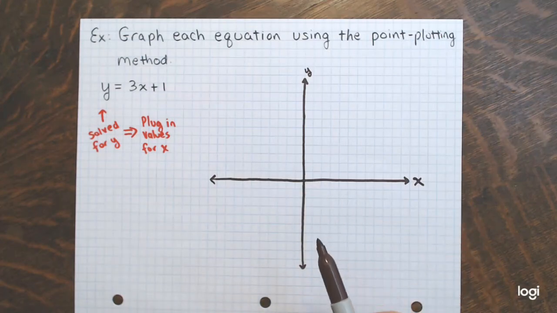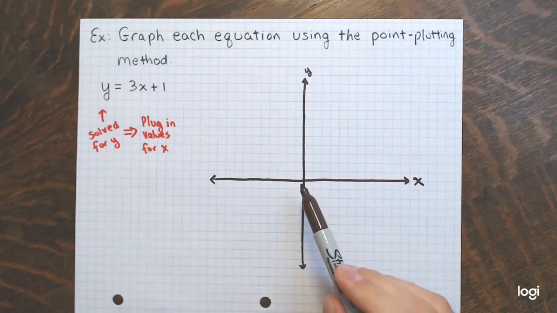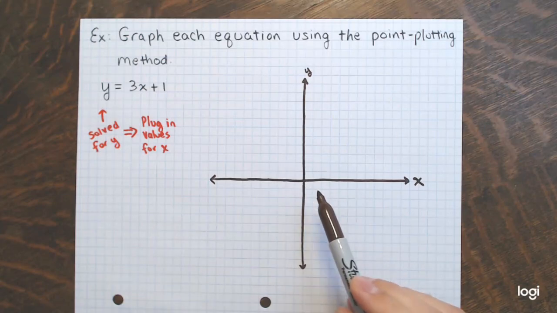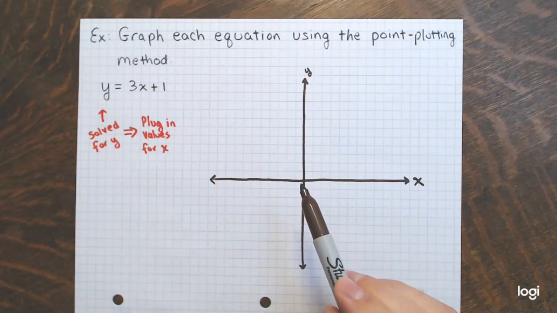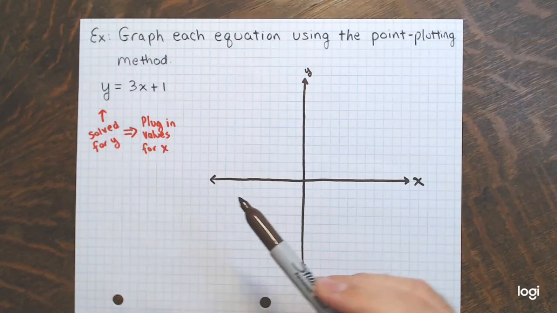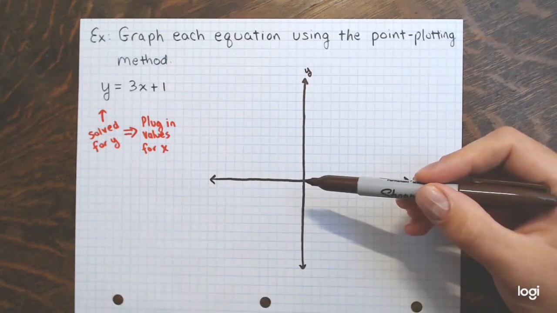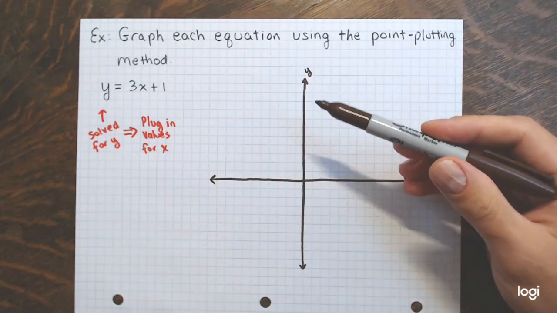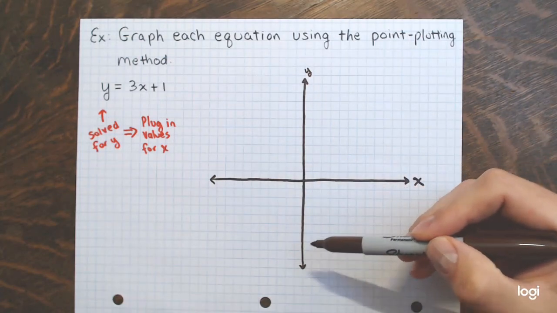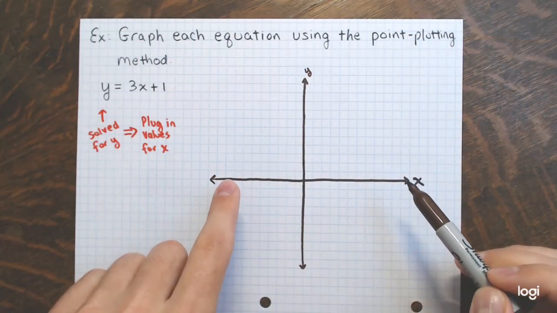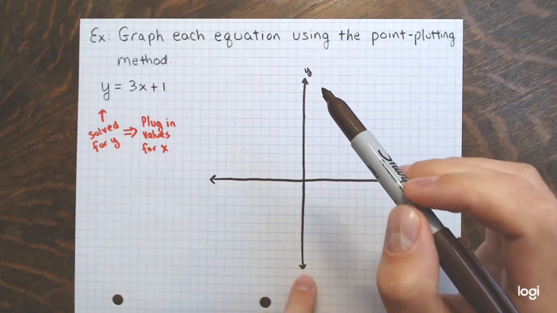And if you're unfamiliar with this, let me just do a quick recap. You have 0 in the middle for the x-axis, positive numbers to the right, negative numbers to the left. And then for the y-axis, you have 0 in the middle, and then positive numbers going up, negative numbers going down. So it's almost like the x-axis rotated counterclockwise 90 degrees.